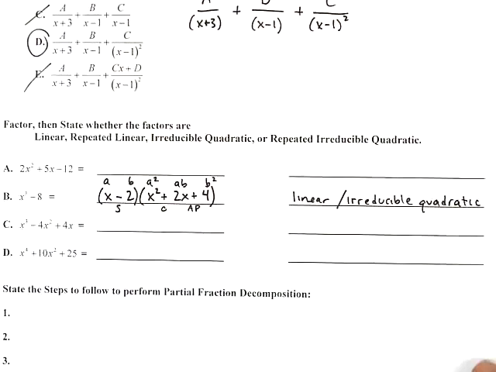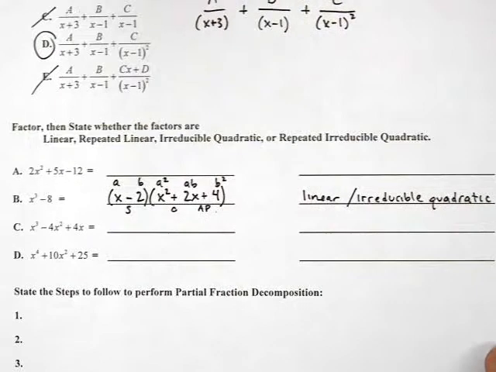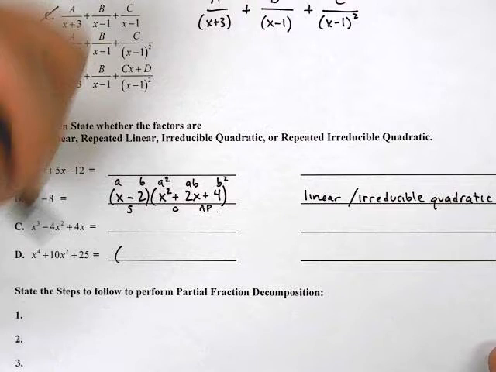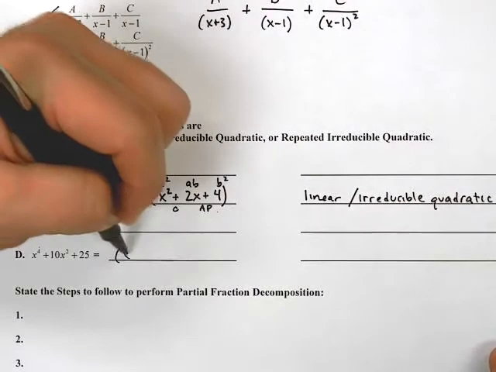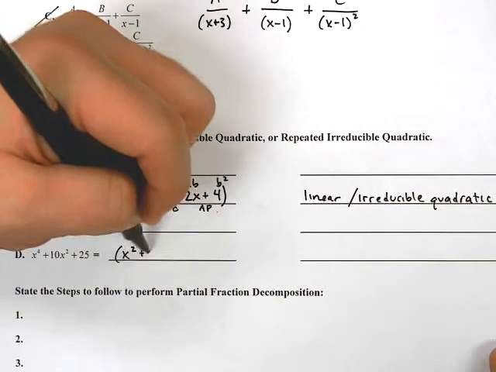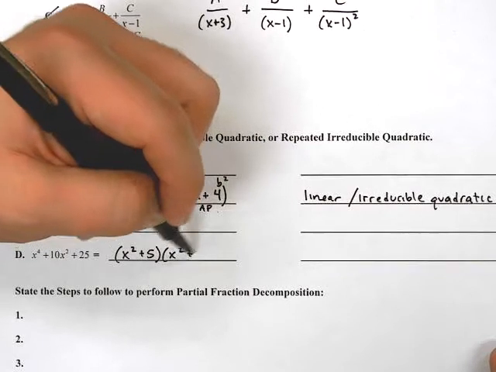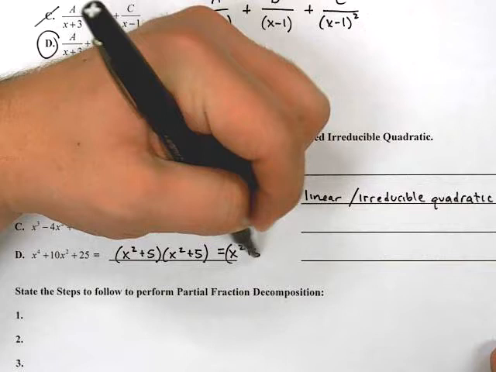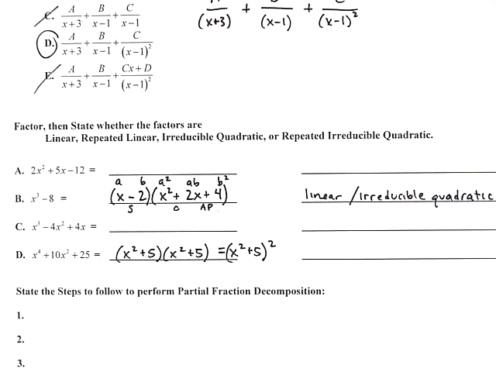The other one that I want to take a look at is D, x to the 4th plus 10x squared plus 25. I hope you remember that this is really just a perfect square trinomial. This is x squared plus 5 times x squared plus 5, or how else can we write that? x squared plus 5 squared. And this is the new one for today. This is what I want you to be looking out for.